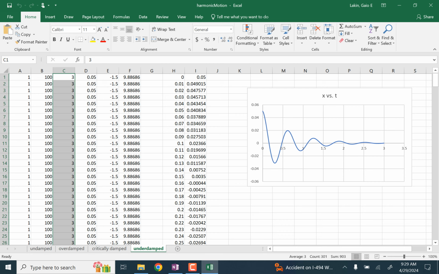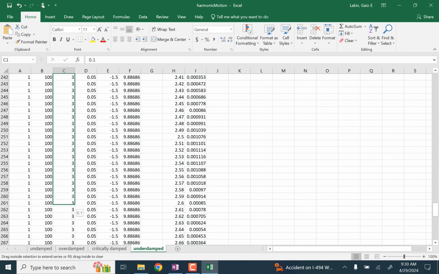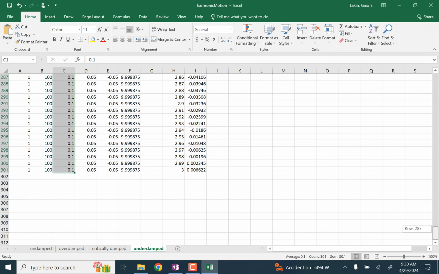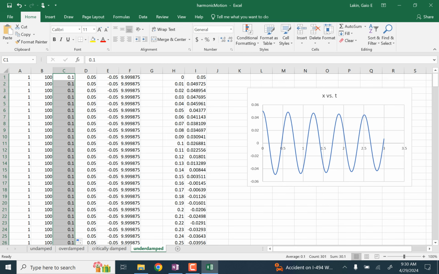So if we want to see something that's very close to the undamped case, we'd make this damping coefficient really small. You can see that c squared in this case is way, way less than 4km. And what you see is essentially an undamped harmonic motion. It's actually decaying a little bit, but so little you can barely see it.